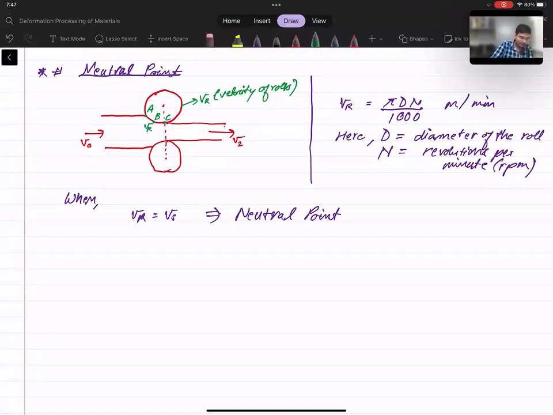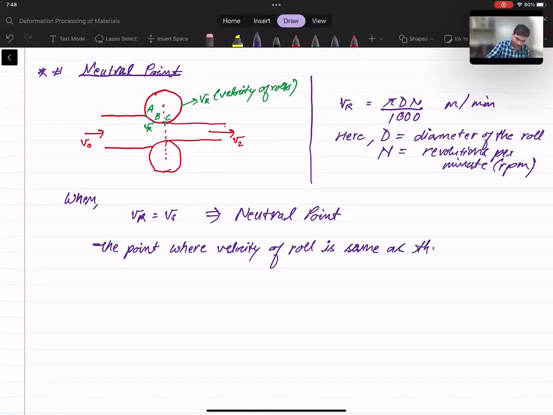So we can define the neutral point as the point where the velocity of roll is the same as the velocity of the stock or workpiece, that is the metal component which is being worked upon.